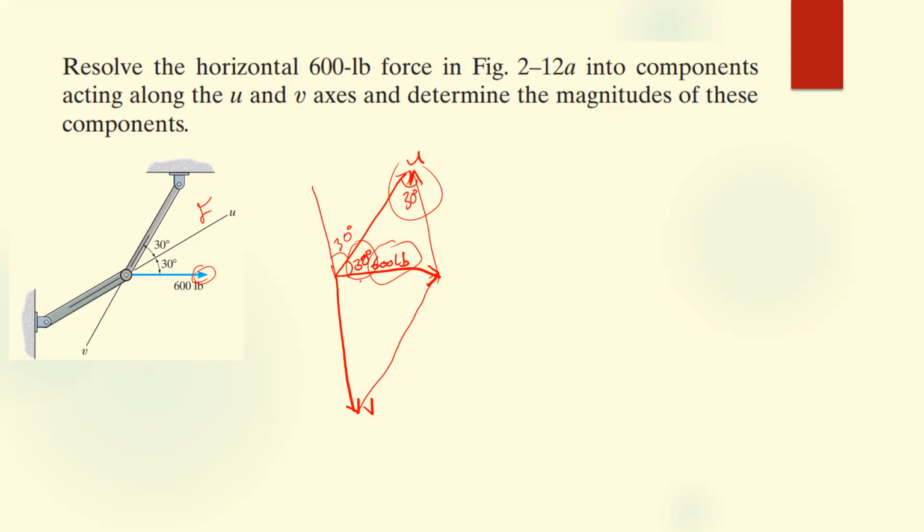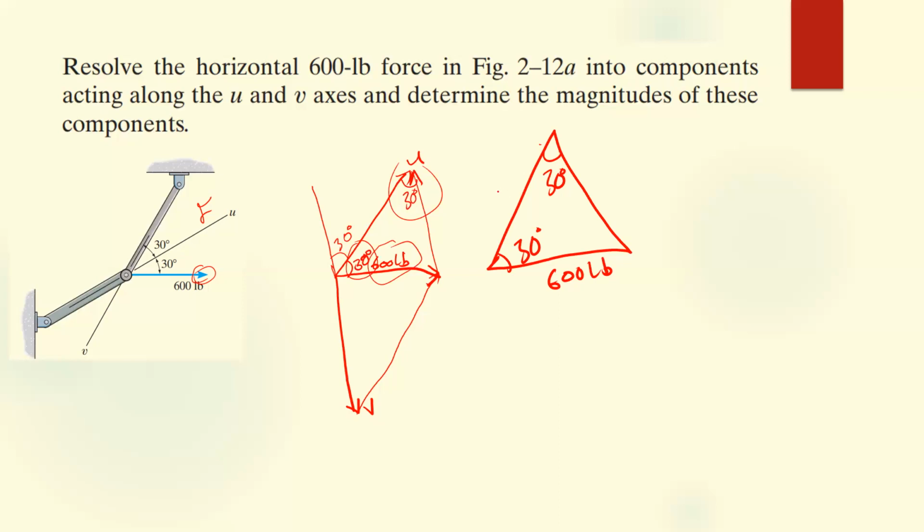So we can remove this triangle, which is just going to be like this. So we have 600 pounds this side, and then we have a 30 degrees angle there. We also have another 30 degrees angle there. So it's easier for us to find these other sides.